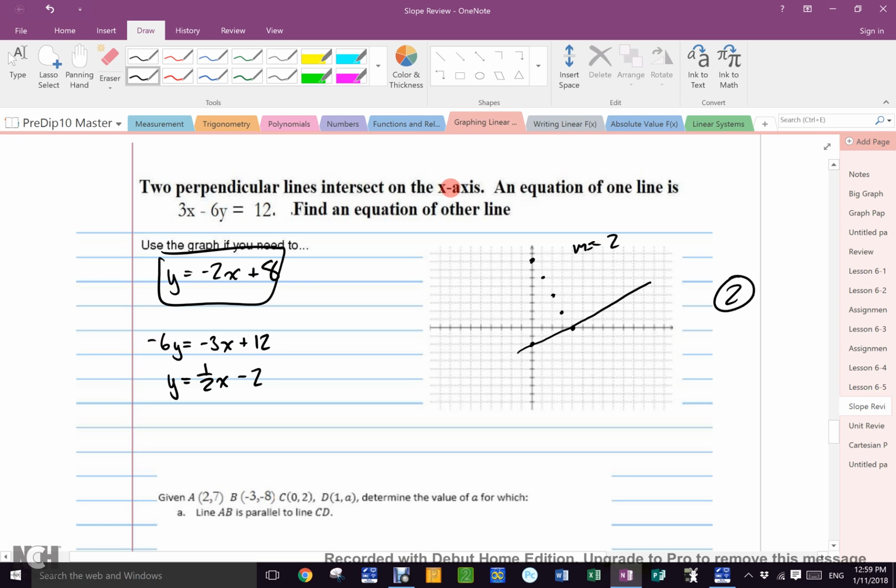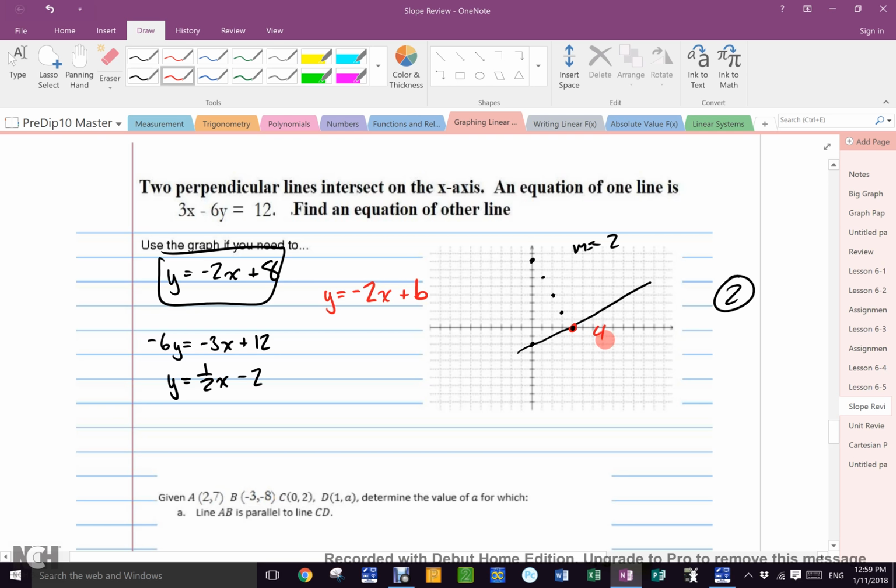You know that they cross at the x-axis, yes? Which means the other line is y equals negative 2x plus b, correct? If they cross at the x-axis, that must mean they share that point. That point is (4, 0), yeah?